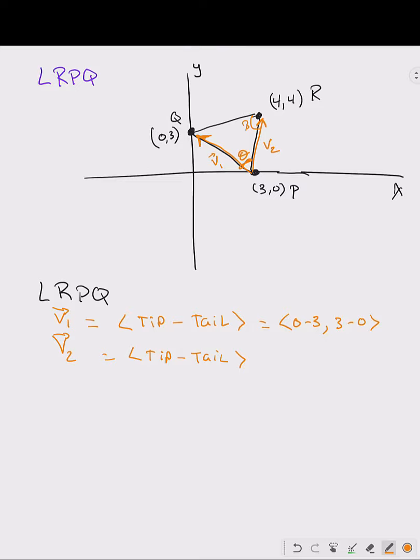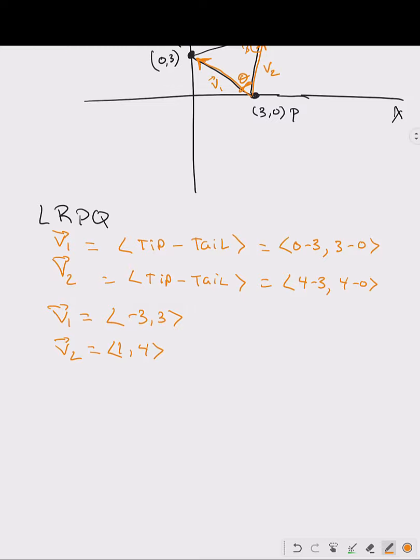And for V2, the tip is 4 in the x component minus 3 in the x component, and the y component is 4 minus 0. So V1 is equal to (-3, 3), and V2 is equal to (1, 4).